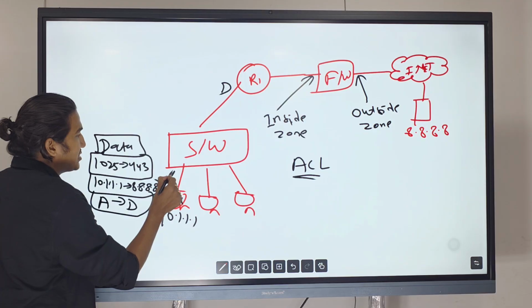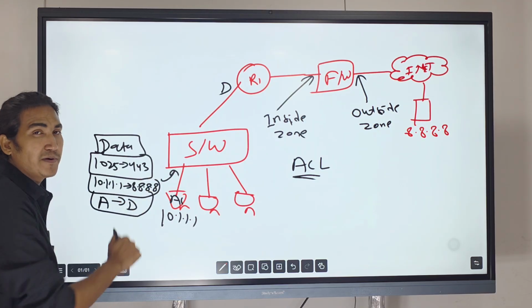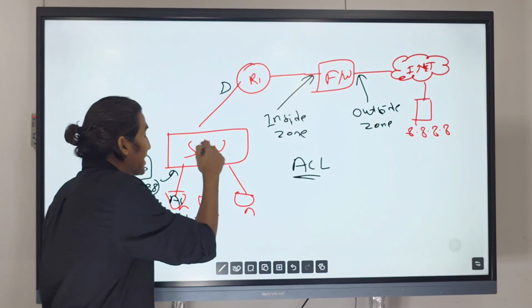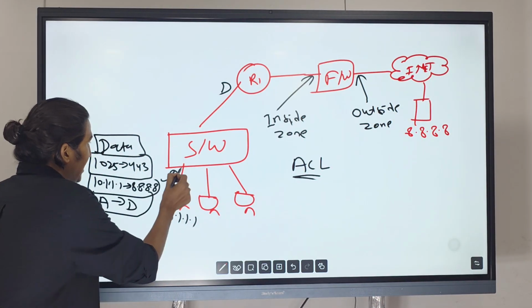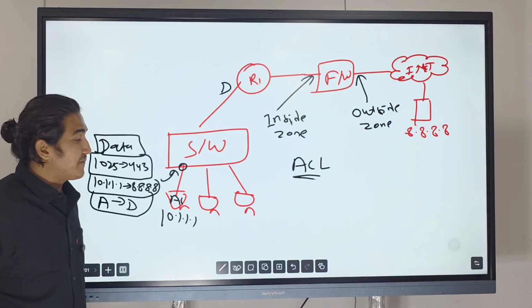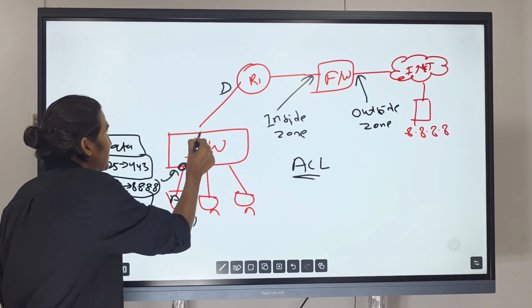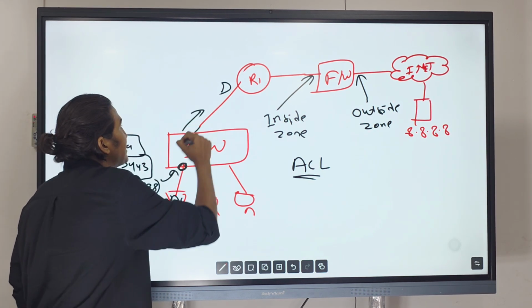It will forward to the switch. Now you know how the switch forwards traffic, packet flow on the switch with the help of the MAC address table. It will update the MAC address table first when it receives the frame. Then on the basis of destination MAC, it will take the forwarding decision.